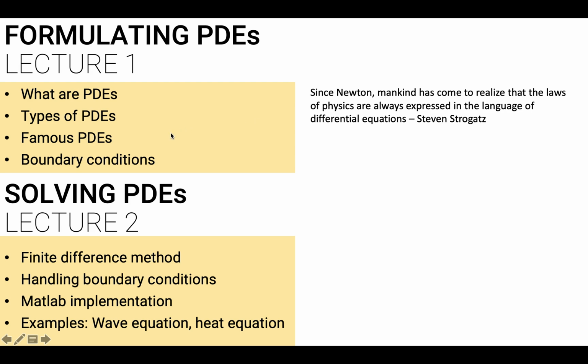We have also introduced some fundamental and famous partial differential equations such as the heat equation and the wave equation, and provided some physical intuition of them. We have also learned some common types of boundary conditions that are imposed on a certain domain for partial differential equations.